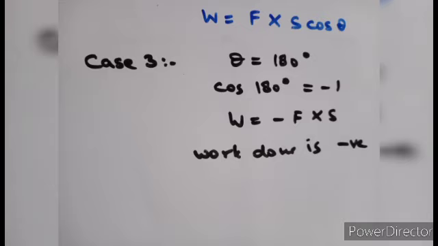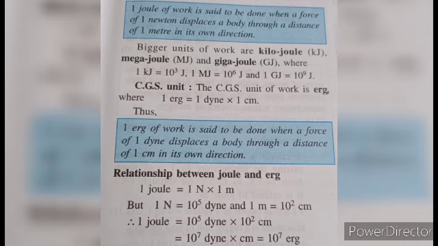The third and final condition is when θ is 180 degrees, which makes cos θ minus 1, and minus 1 makes W = −F × S, which means the work done here is negative. Usually no work is done negative, but when the force opposes the motion, which means when it tries to stop a body, this type of work is known as negative work.